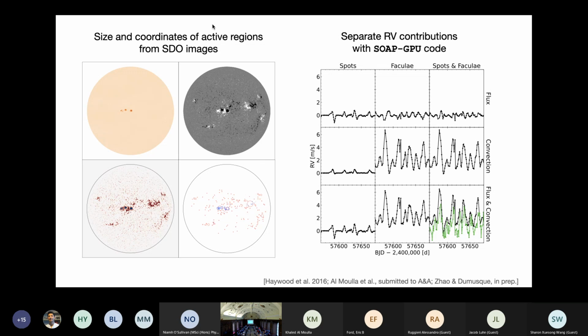What SOAP GPU also enables us to do is, apart from getting the total contribution of both spots, plages, the flux effect, and the convective effect, it also allows us to segment it into the different contributions that make it up.